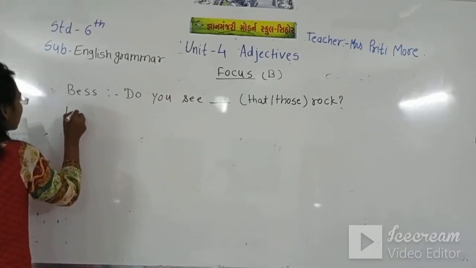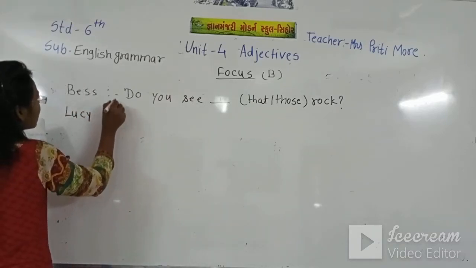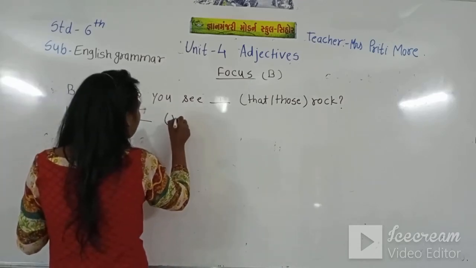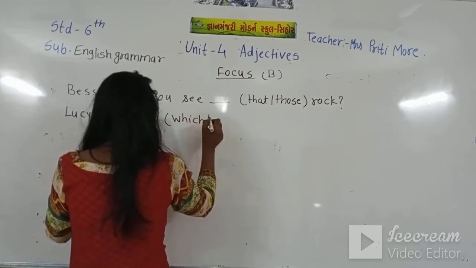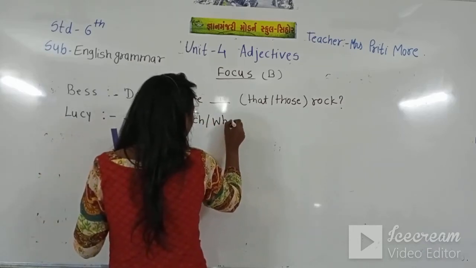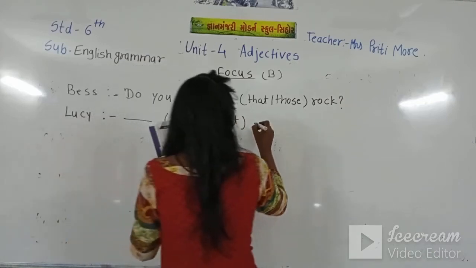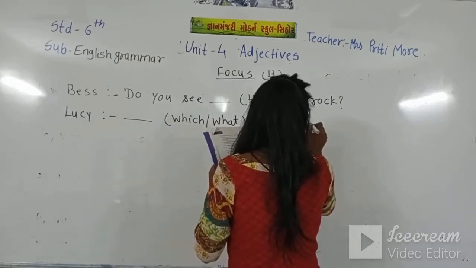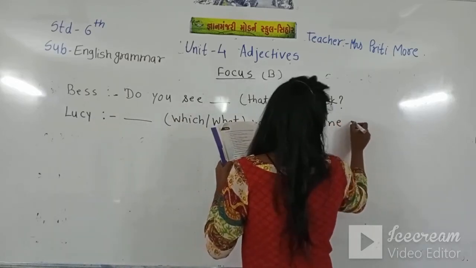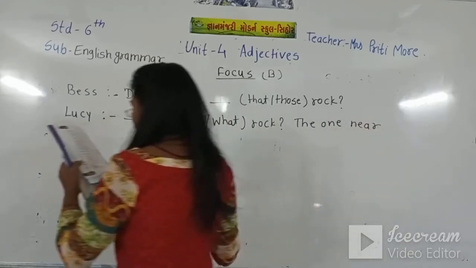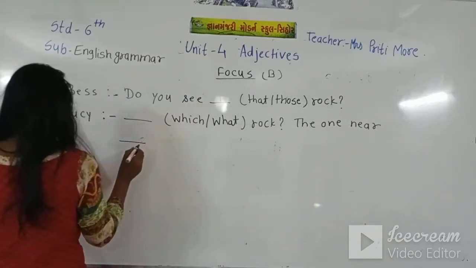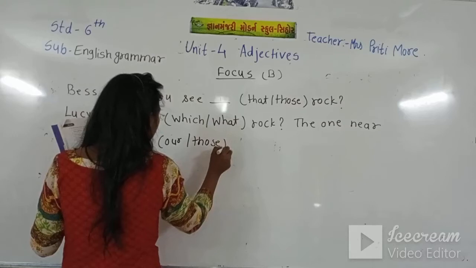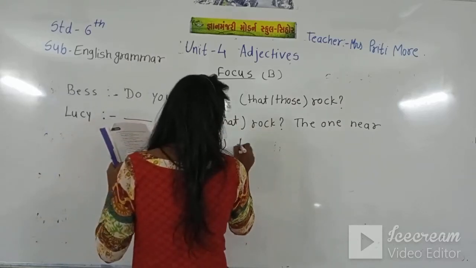Now you see blank space, two options, which and what. Rock? The one near blank space again, and those two options, tent.